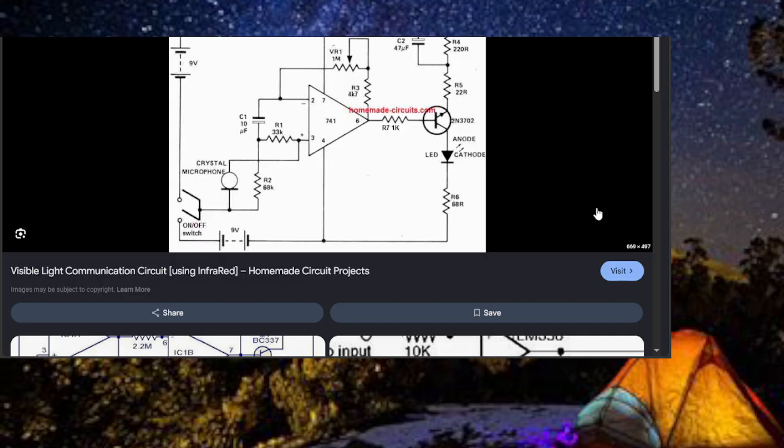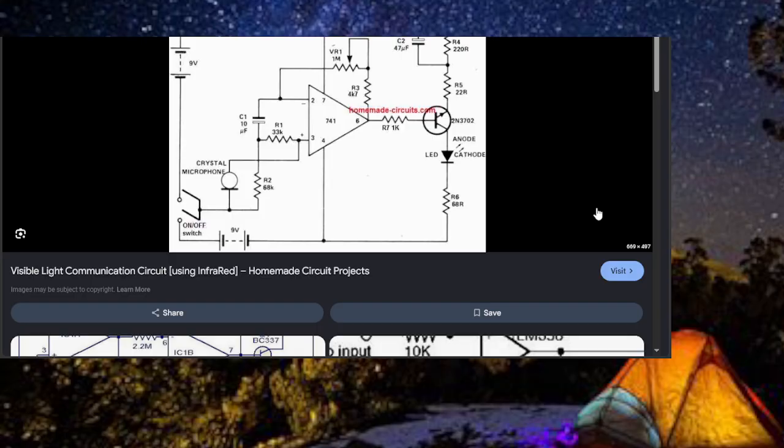We've got a 741, some variable resistors, capacitors, a bunch of resistors. There's a PNP transistor, which looks kind of weird up there. It's operated in a different type of mode. And now you're transmitting, going from audio to LED.